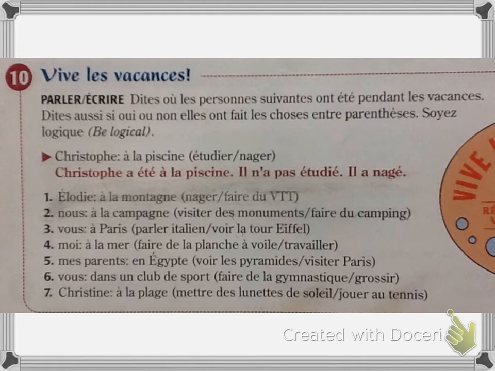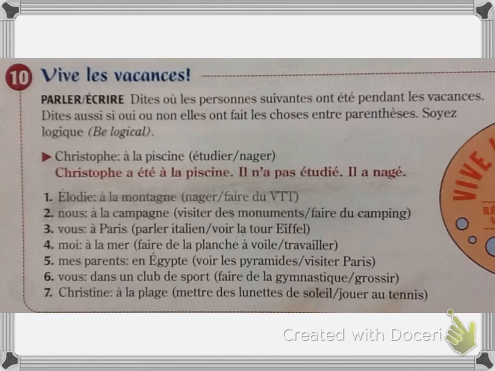So taking a look at exercice 10, vive les vacances. Dis où les personnes suivantes ont été pendant les vacances. Dis aussi si oui ou non elles ont fait les choses entre parenthèses. Soyez logique. Live for vacation. Say where the following people were during vacation.